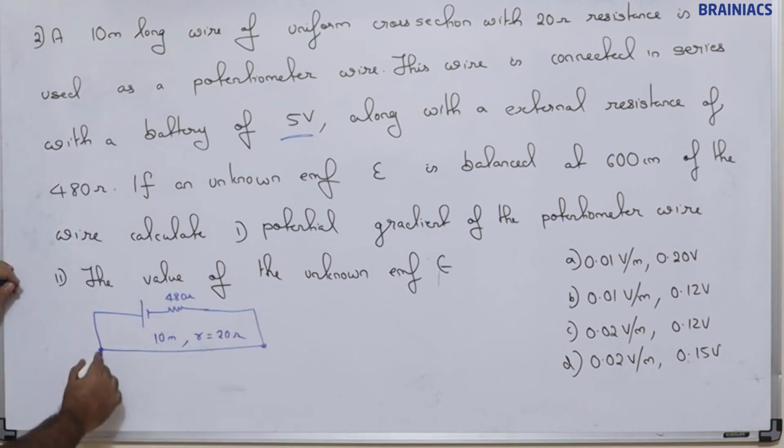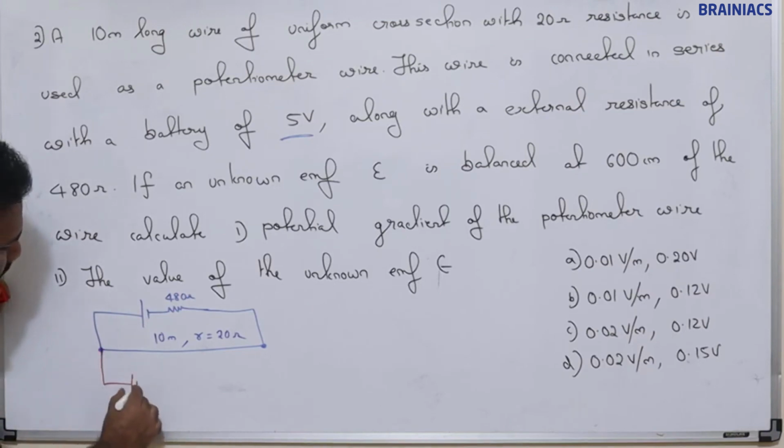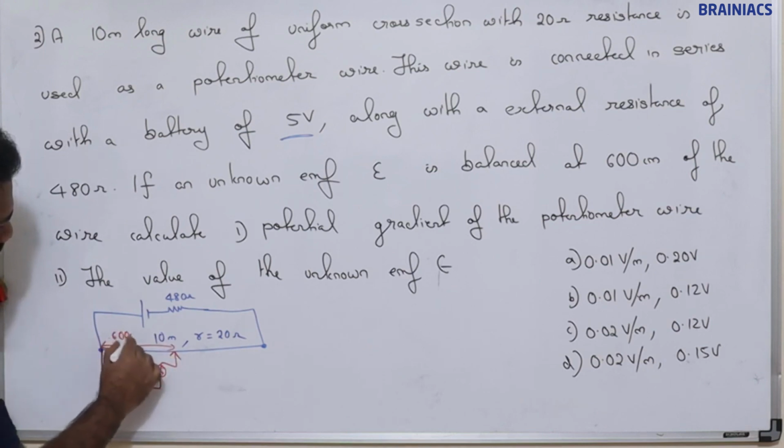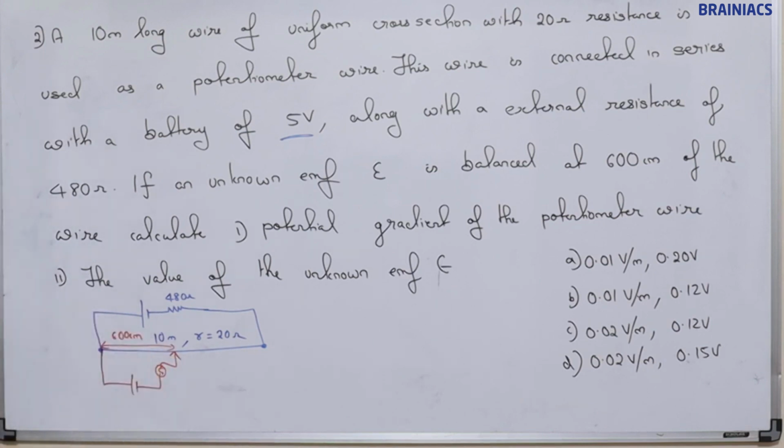Now an unknown EMF is connected, and it got its balancing length at 600 centimeters. So this length is 600 centimeter.